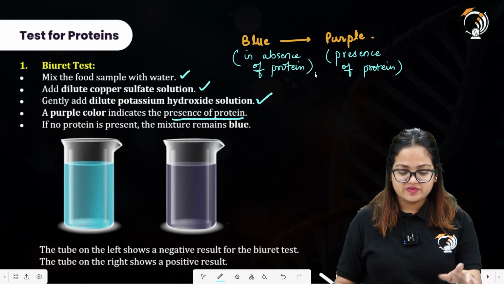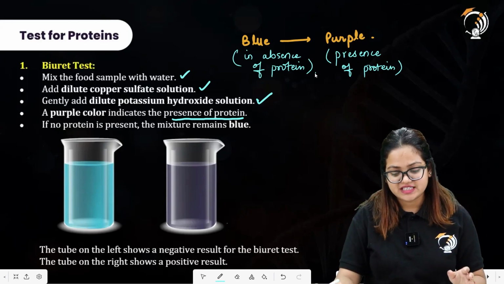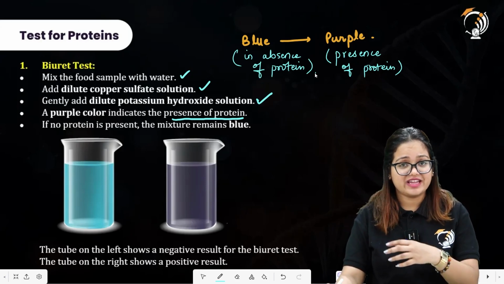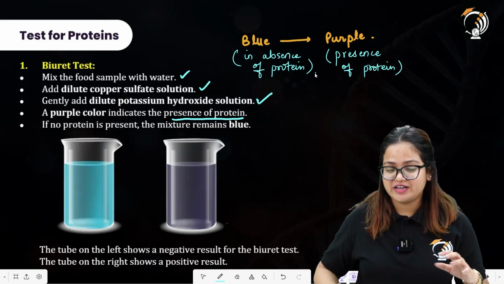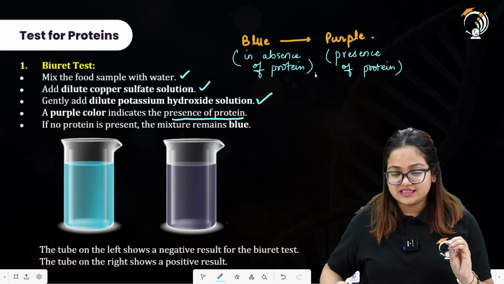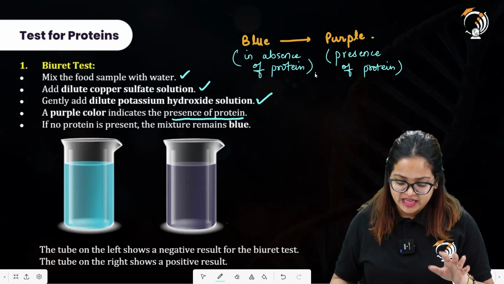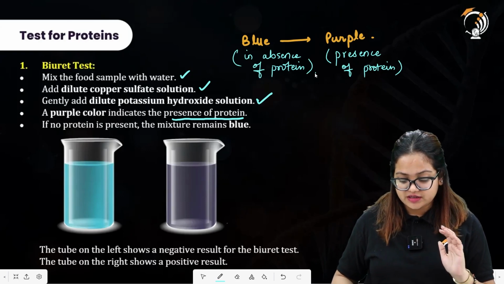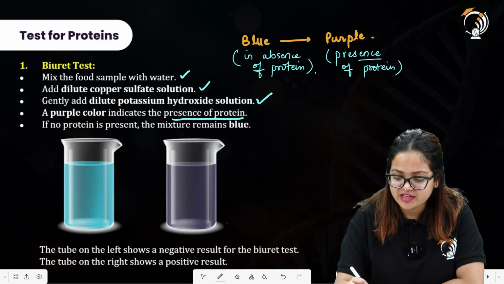All right. So we have two test tubes. On the left hand side, it shows a negative result. Why can we say this is a negative result? Since it is blue in color, and we have already found that blue color shows an absence of protein. On the right hand side, it is showing a positive result. That means it has protein in it.